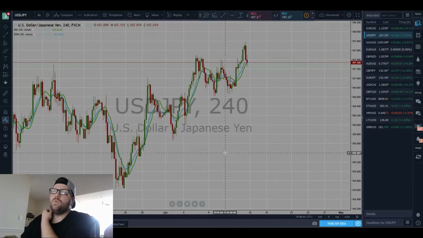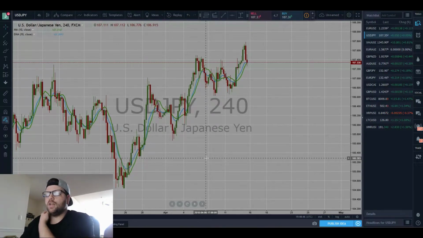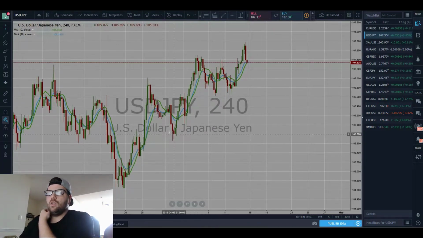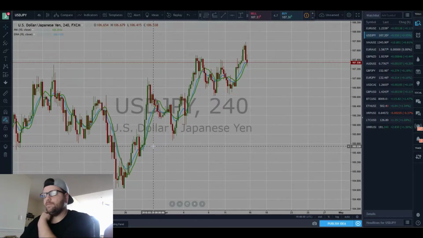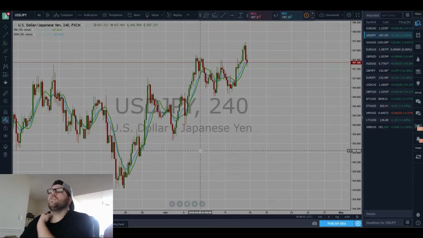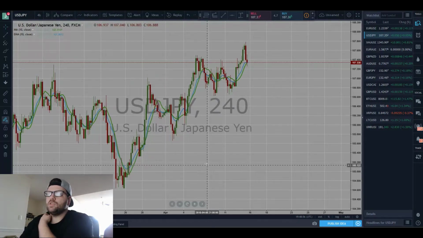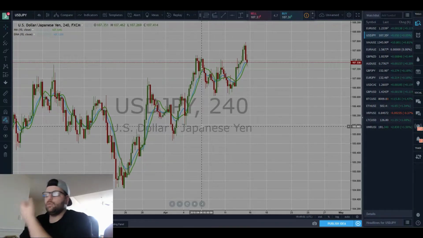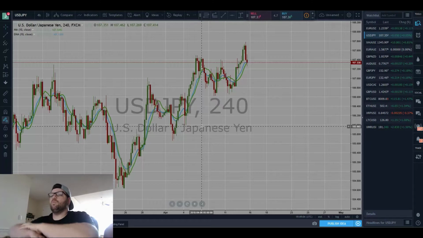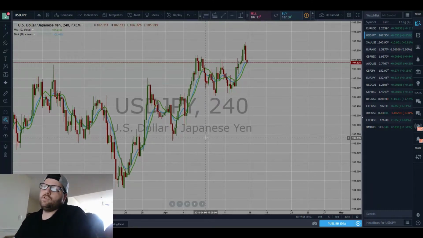That will give you a much better understanding of what the long-term trend is for a pair. The other common use is to use it as a moving support and resistance level, or some people will refer to it as a moving trend line. And those are both the most common ways that moving averages are used.